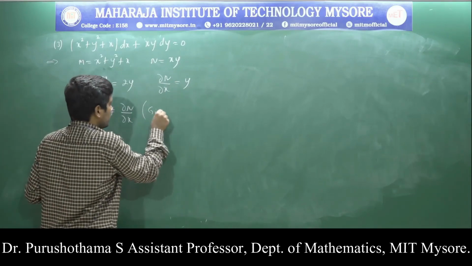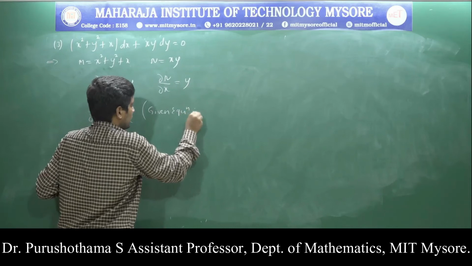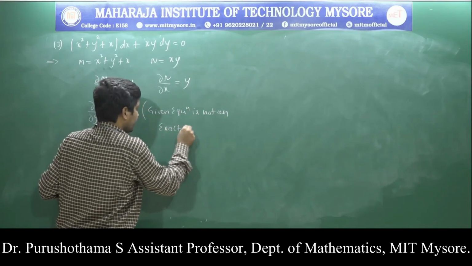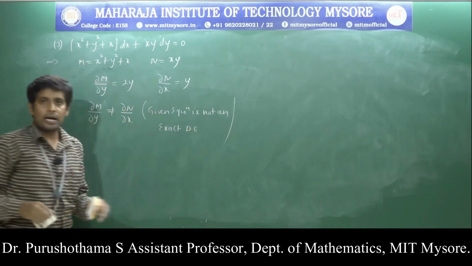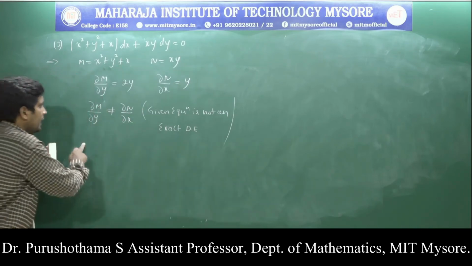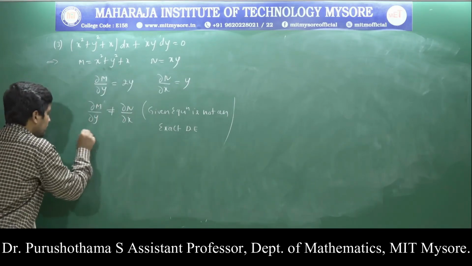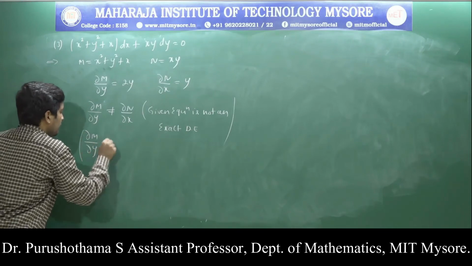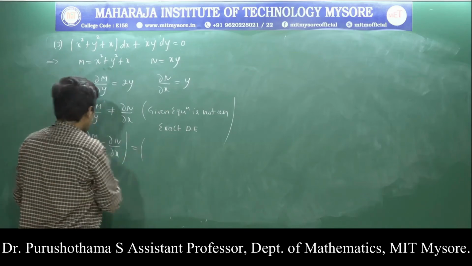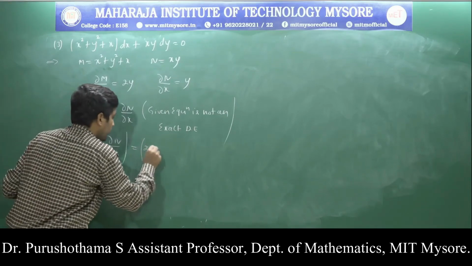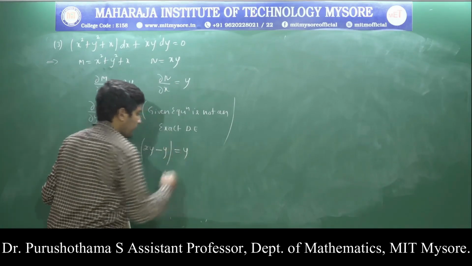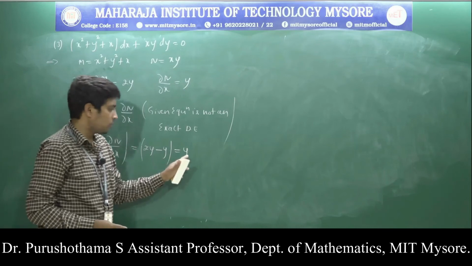Therefore, the given equation is not an exact differential equation, which means it is reducible to an exact differential equation. In this case we can take their difference: ∂M/∂y minus ∂N/∂x is 2y minus y, which equals y.